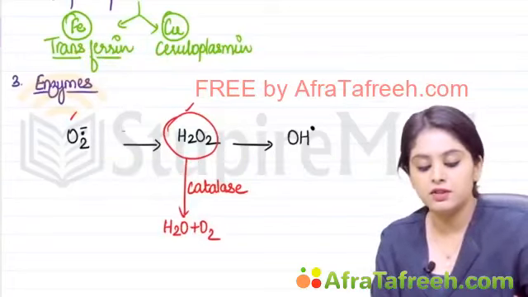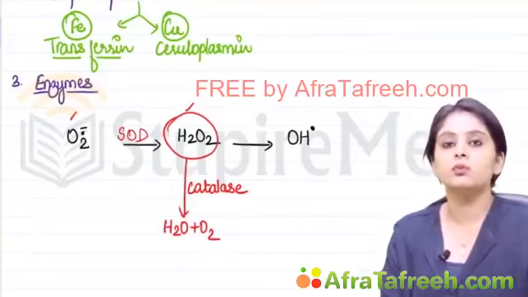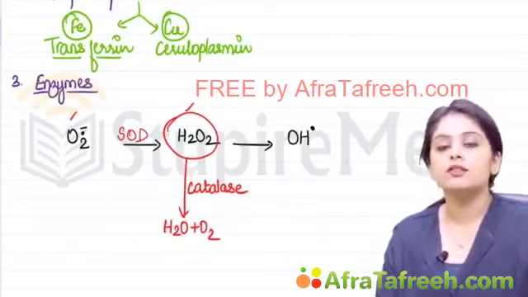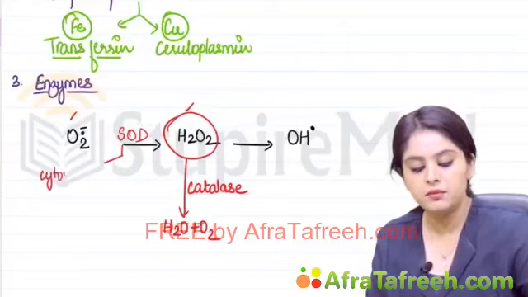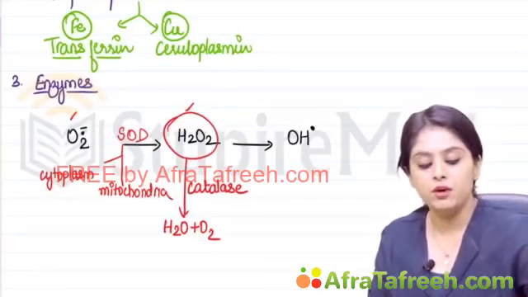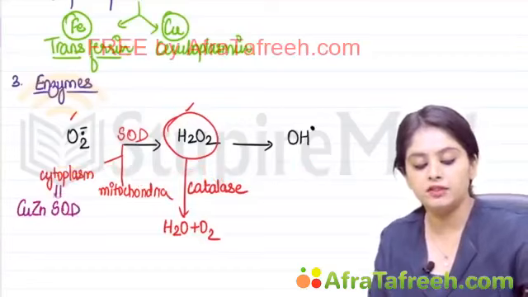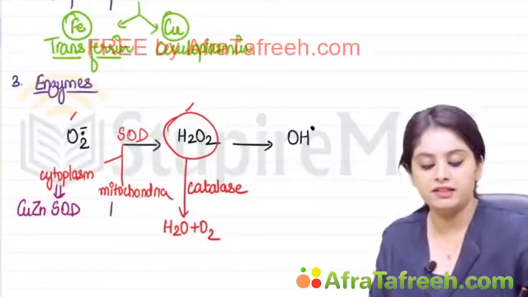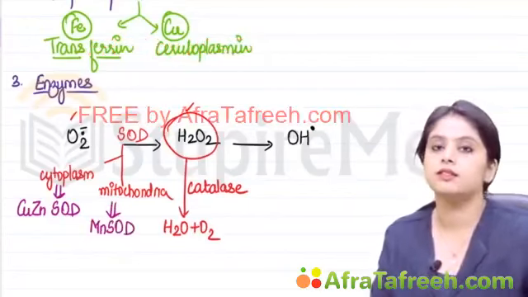Superoxide first has to convert to H2O2, then catalase can protect us. So superoxide conversion into H2O2 is, as we just discussed, by an enzyme known as superoxide dismutase. Now superoxide dismutase can either be present in the cytoplasm or in the mitochondria. Why do we need to know these two separately? Because the form present in the cytoplasm is the copper-zinc superoxide dismutase, and the form present in the mitochondria is the manganese superoxide dismutase.